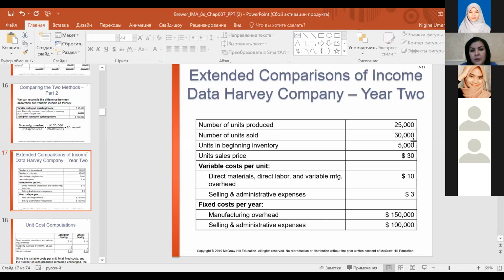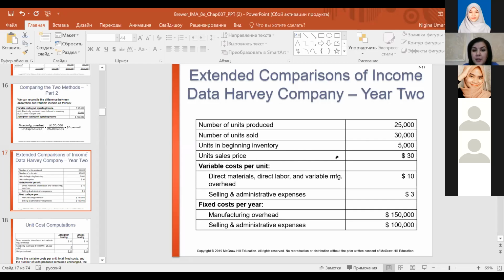Who can tell me? It's from the beginning inventory. Yes, very good, because it has beginning inventory of 5,000, right? Do you remember from the previous year? So units in beginning inventory 5,000. Yes, 5 plus 25, 30. So that's why the company was able to sell 30,000 units.